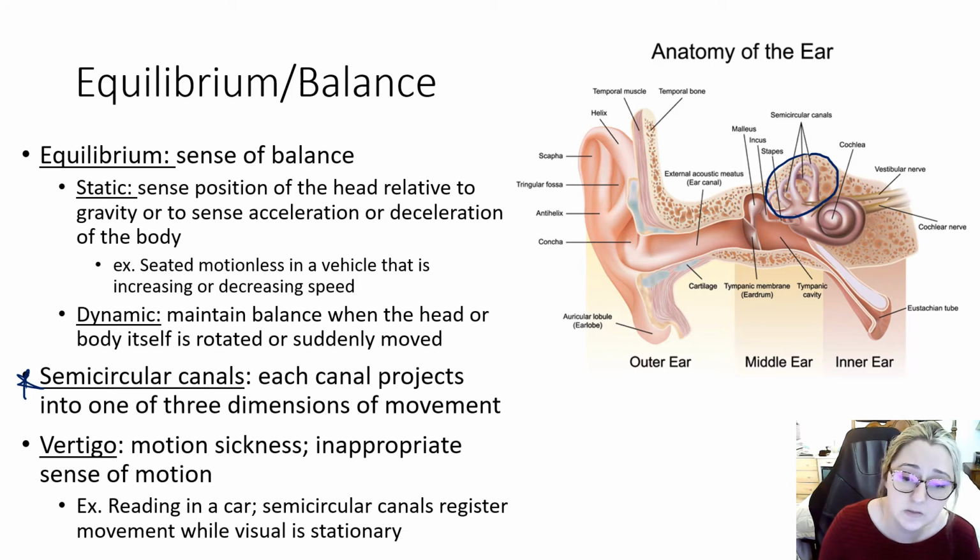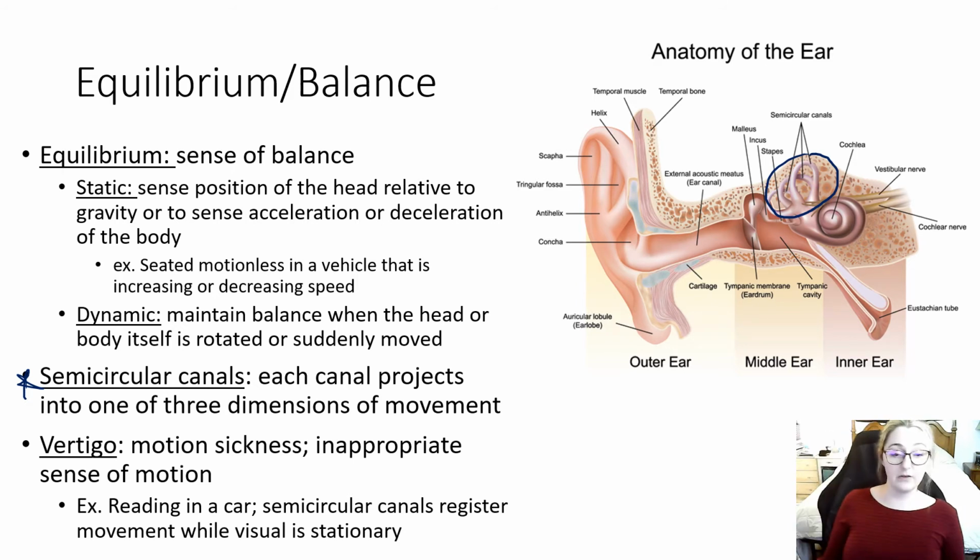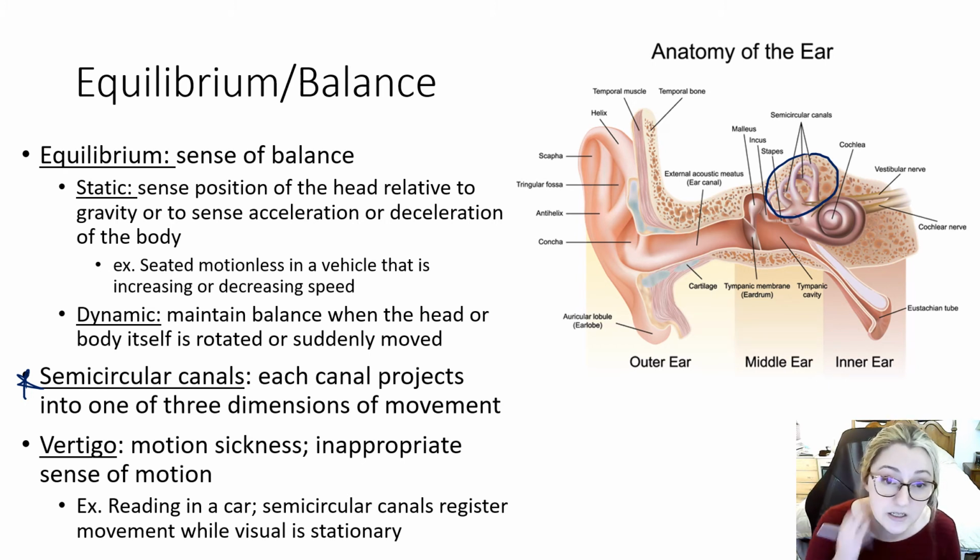As that fluid moves, it allows you to perceive that your body position is moving. So if I were to sit back, close my eyes, and spin my chair, I know that I am turning right and left. If I was on a roller coaster and closed my eyes, these semicircular canals would let me know that I'm going up or down, right, left, or upside down. So that is the purpose of them.